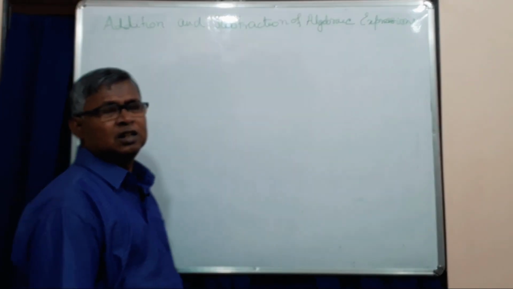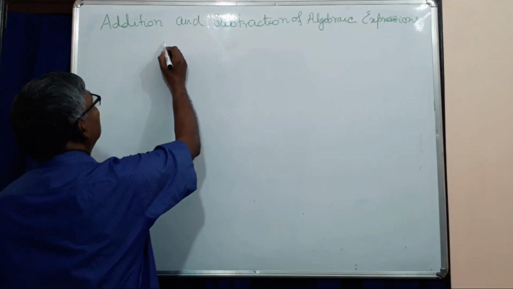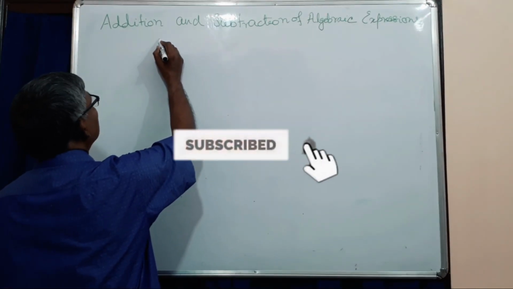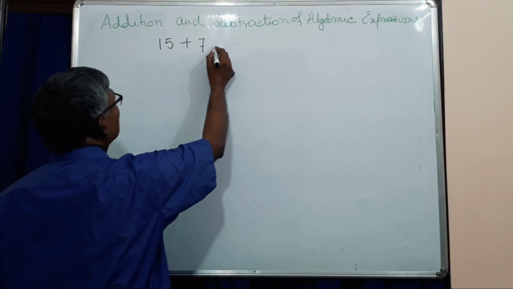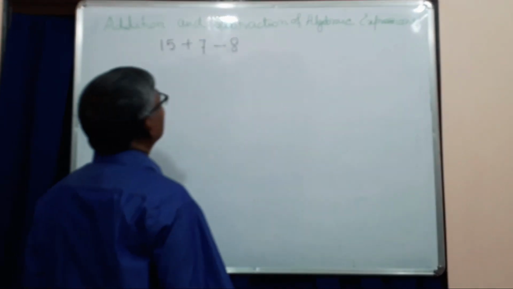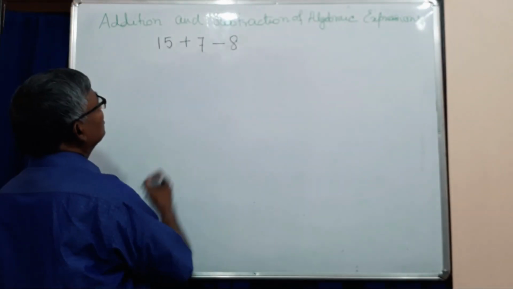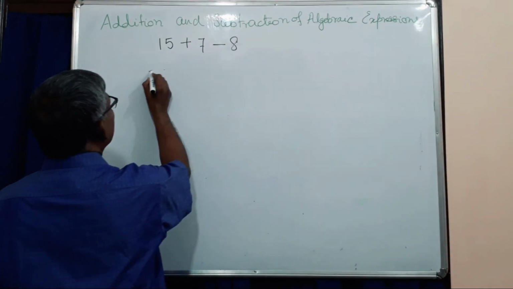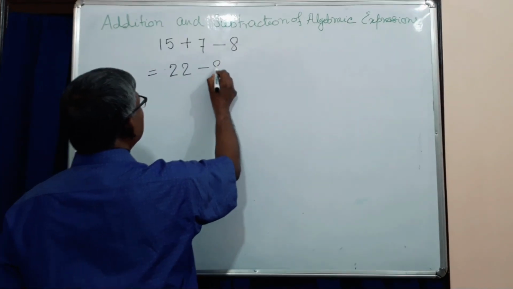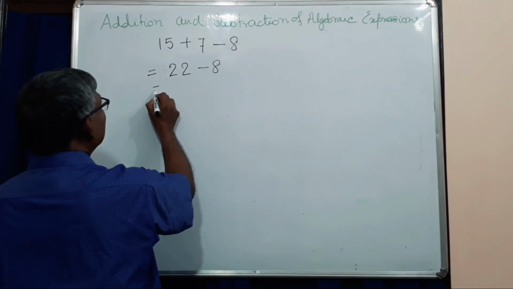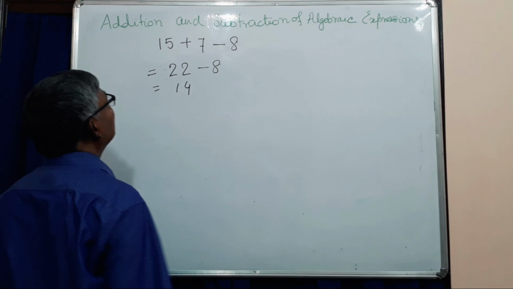For this, let us remember addition of numeric values. Suppose 15 plus 7 minus 8. Just think what would be the value. 15 plus 7 means 22, minus 8, that is 14.